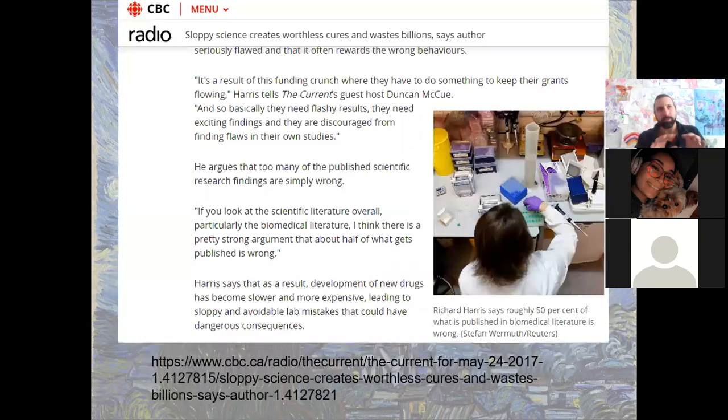This is a kind of combination problem of the attitudes and dispositions of scientists, their ego, their desire for reputation, but in the broader context of the market and being first to publish and so on.